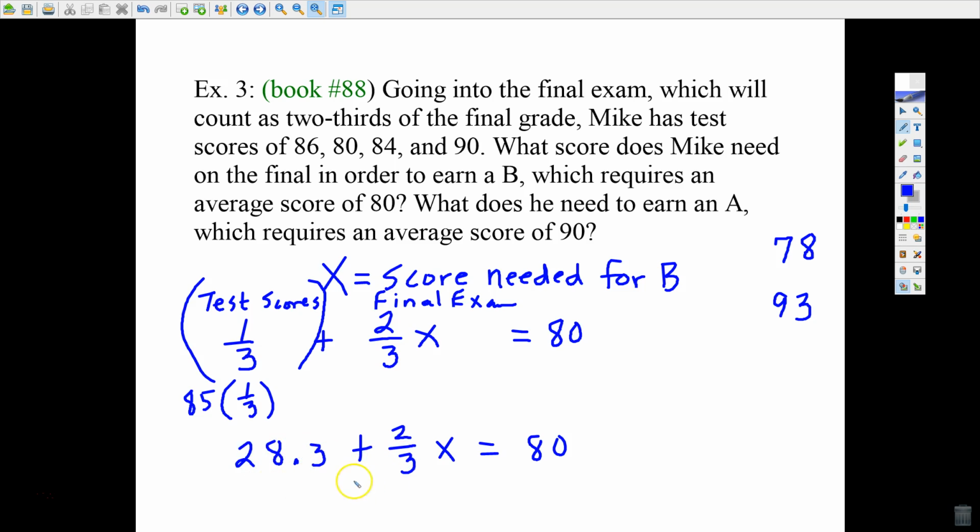We're going to subtract 28.3 from both sides. And what is that? Say it again. 51.7. Is that right? And now how are we going to solve for x?